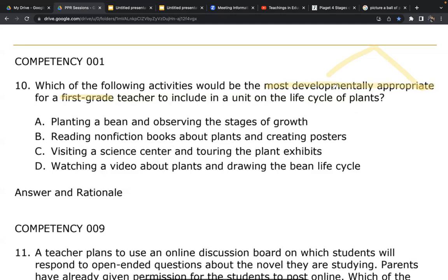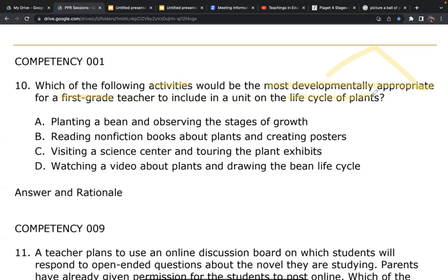We need to pay special attention that they're first graders, so they're early childhood. So we're looking for an activity that's most developmentally appropriate for first graders who are 7 or 8.